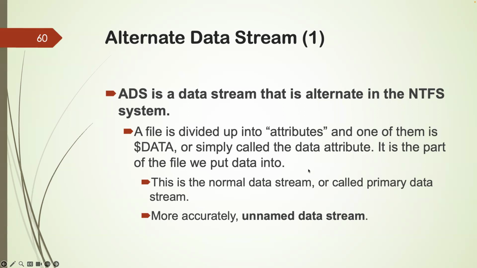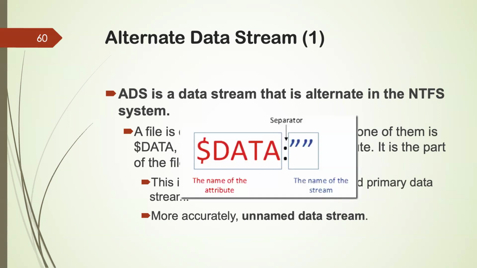But there can be hidden data streams as well that you can create, and you can hide data in them. In the data attribute, you can see that it can have multiple streams. The default stream is not named, but you can create alternate data streams in one file as well.